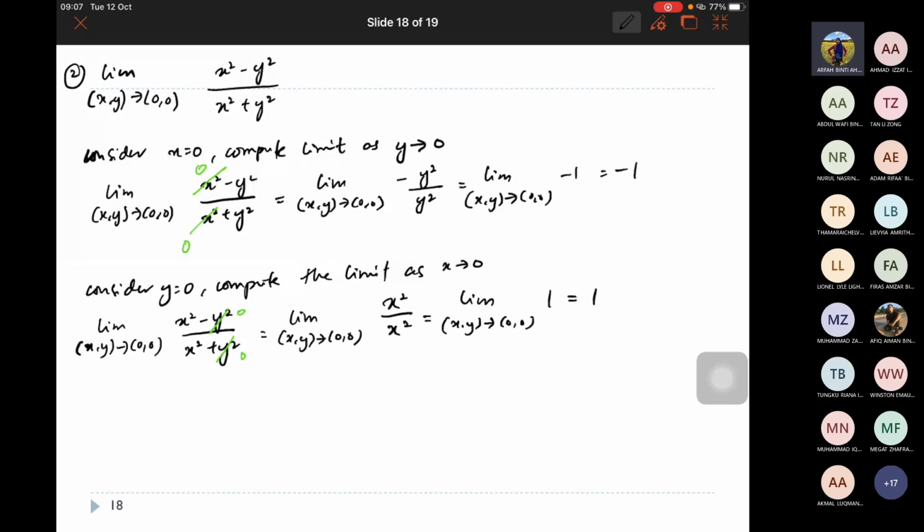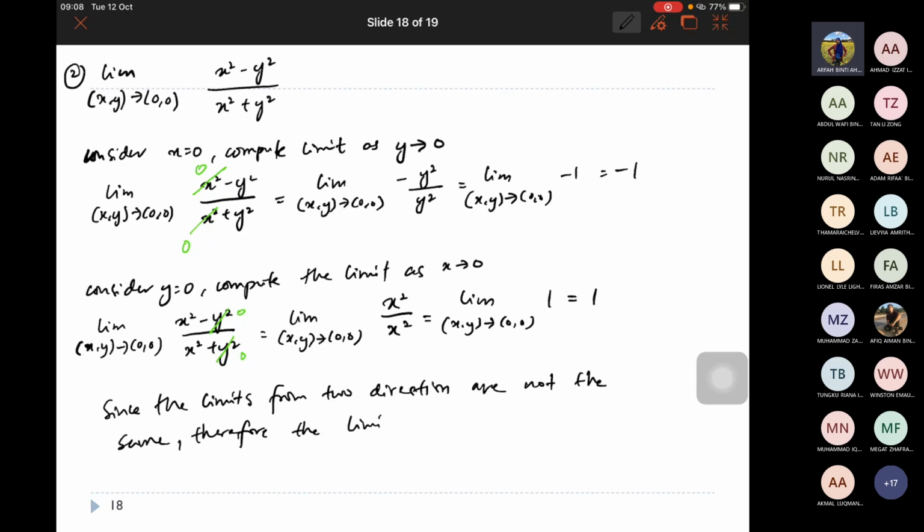Okay. So the limits from the two directions are not the same. Since the limits from the two directions are not the same, therefore the limit does not exist.